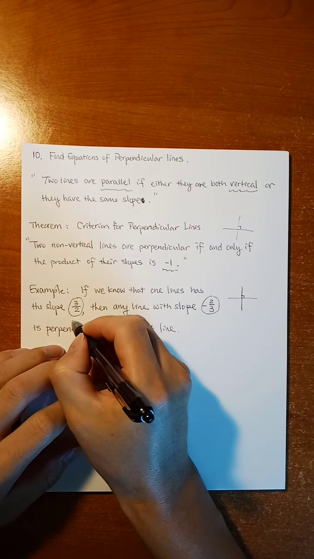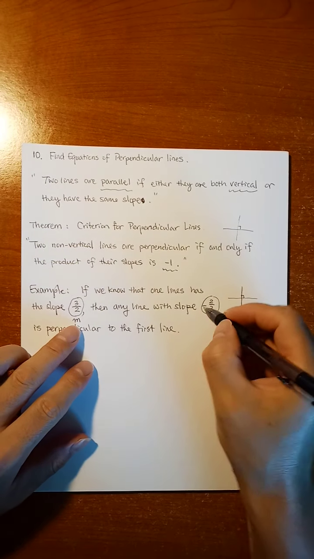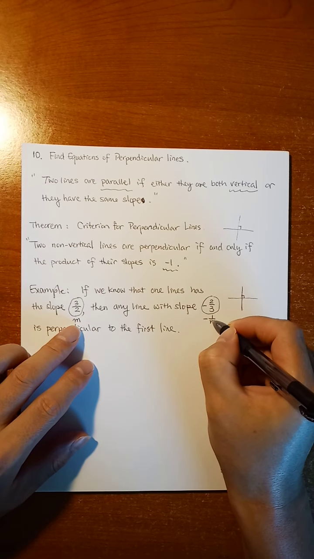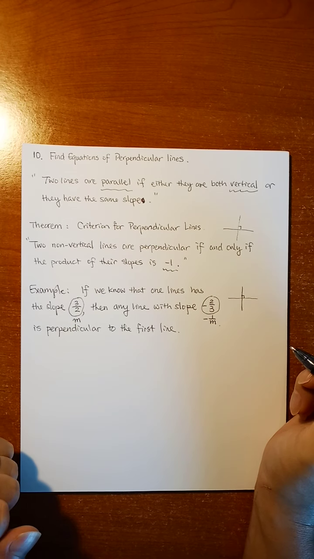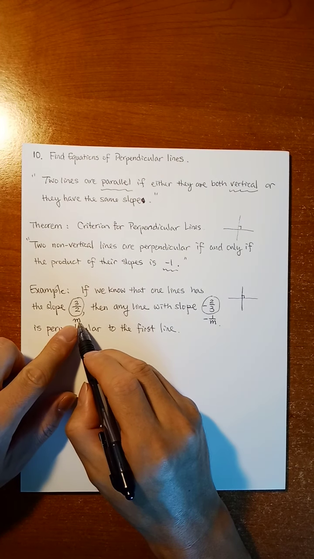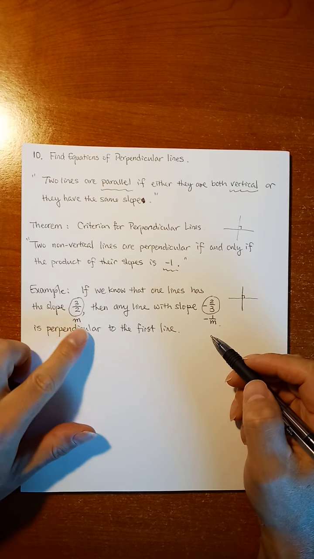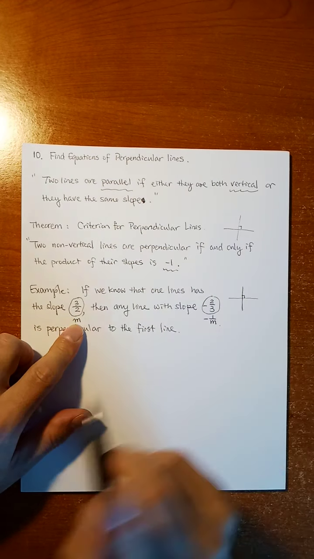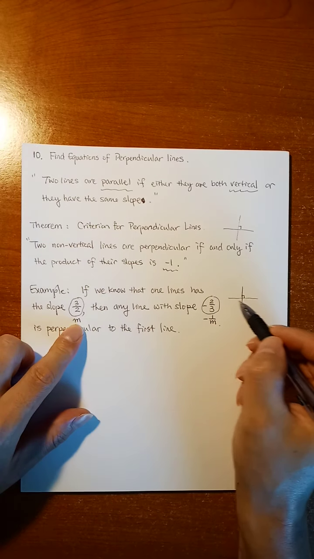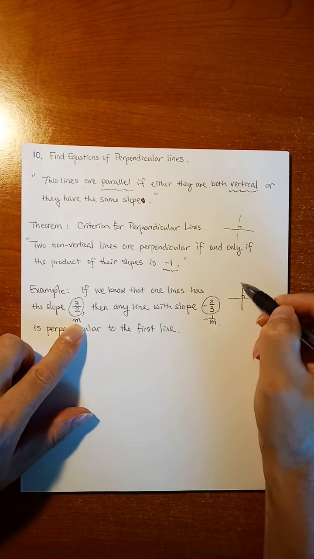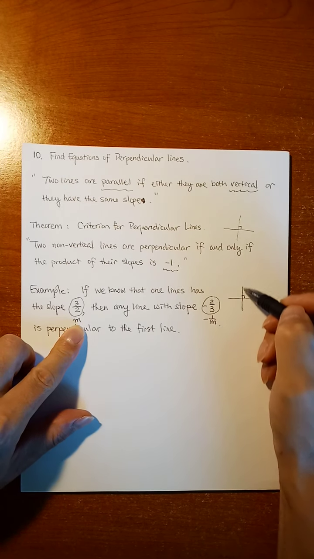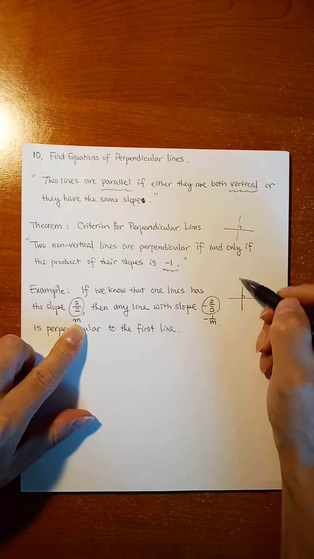In other words, if the slope is m, then this one will be -1 over m. And of course, this m is not equal to 0, because if m is 0, you get a horizontal line, then the corresponding perpendicular line will be vertical.